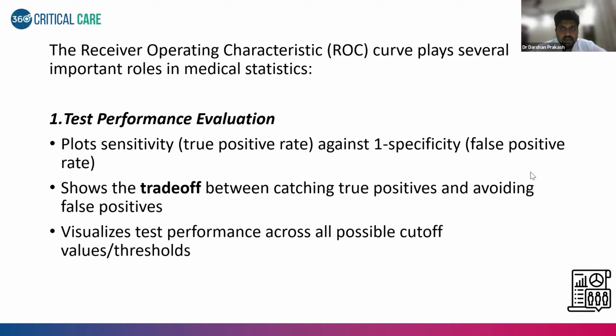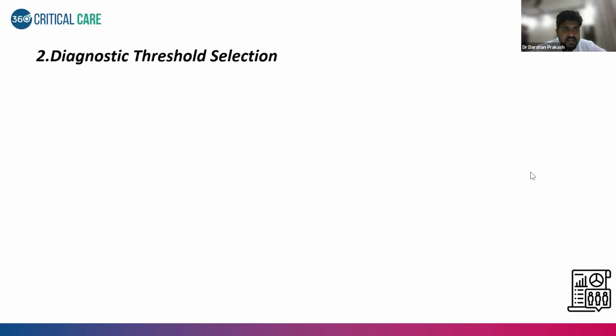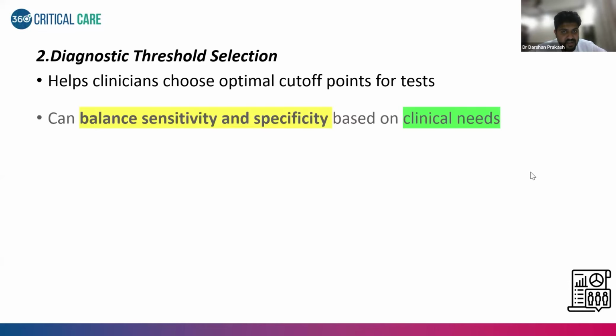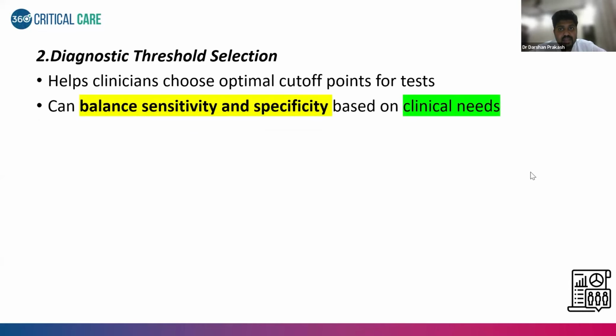The second important component of ROC that we need to understand is the diagnostic threshold selection. I told you earlier, 126 is what we took as the diagnostic threshold. Whenever you are trying to make a diagnosis of a positive or a negative, it depends on the threshold. It usually balances the sensitivity and the specificity, and the important thing is the clinical need of that particular study.